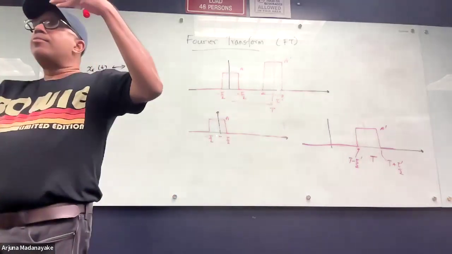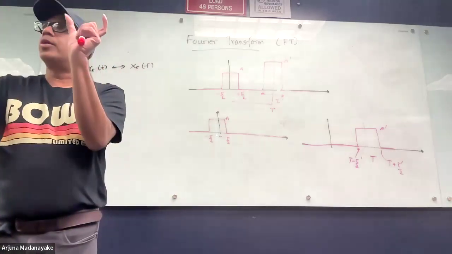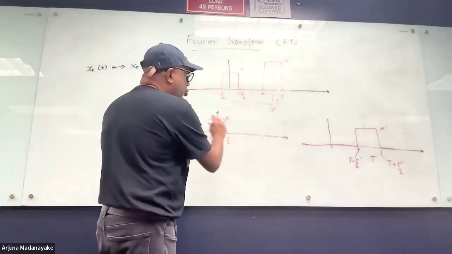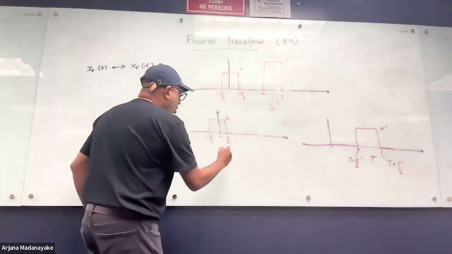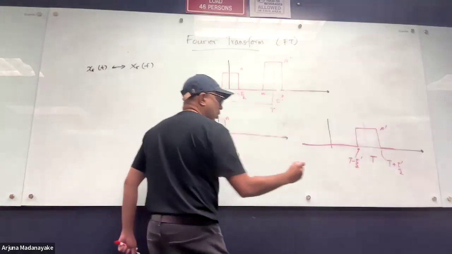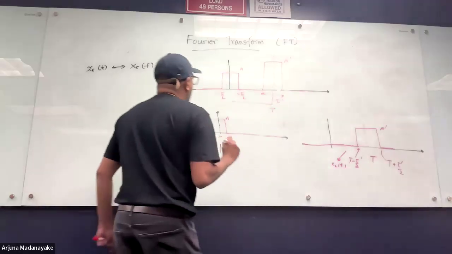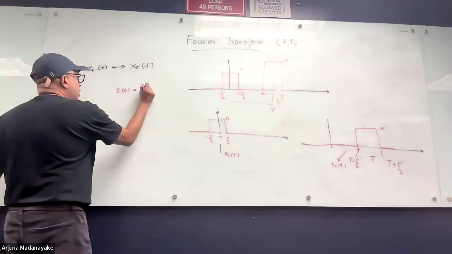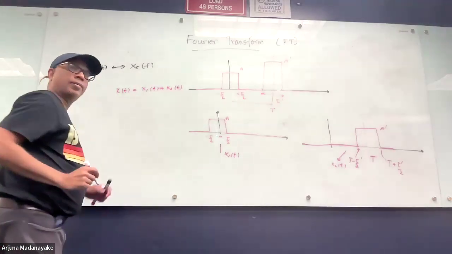So imagine in the time domain, the pulse sequence is a superposition of two individual rectangular pulses. So we can find the spectrum of each one separately and add them up. Let's call this waveform x1 of t and this waveform x2 of t. So my x of t is simply x1 of t plus x2 of t.